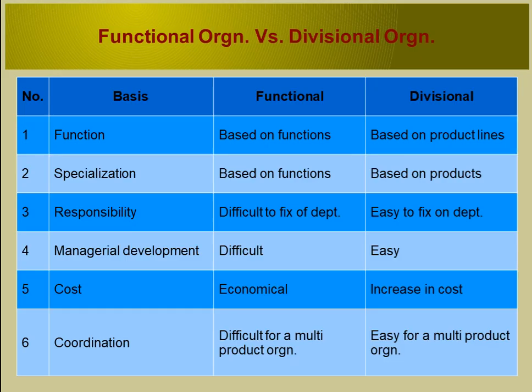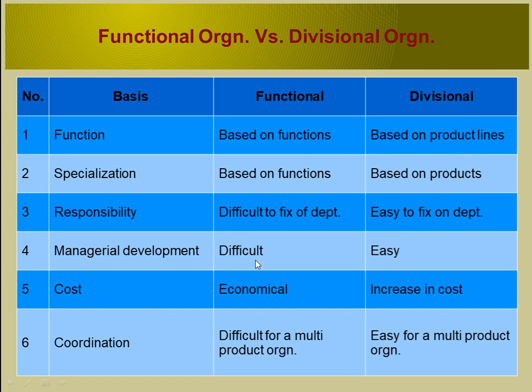So what are the differences between functional and divisional organization? Functional is based on function; divisional is based on product line. Specialization is based on function in one and on product in the other. Responsibility is difficult to fix in the functional structure, but easy to fix in the divisional structure.